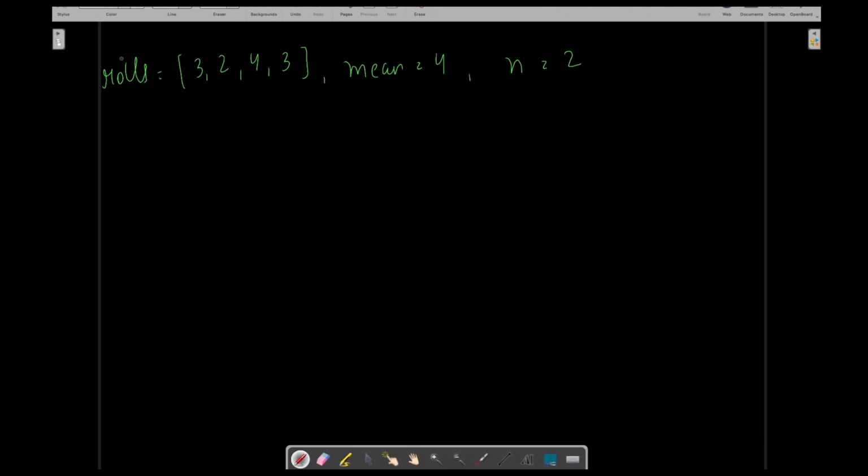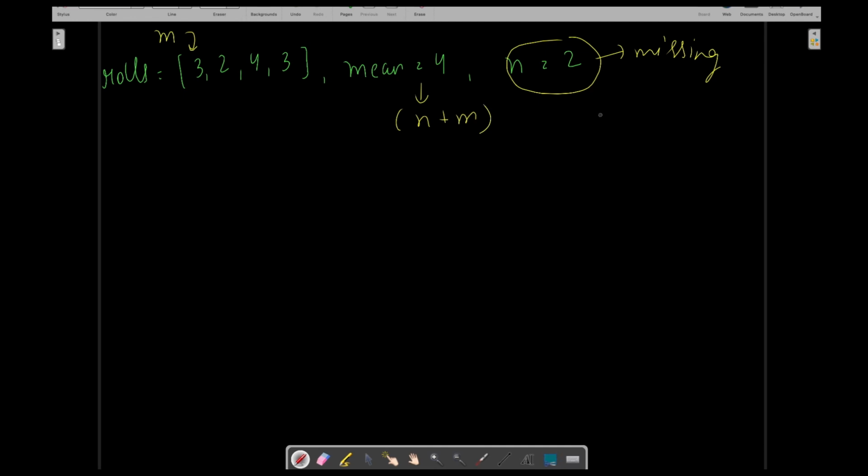So let's see. In this first test case, we have been given these m observations, and n observations of the dice rolls went missing. And this is the mean of the n plus m observations.